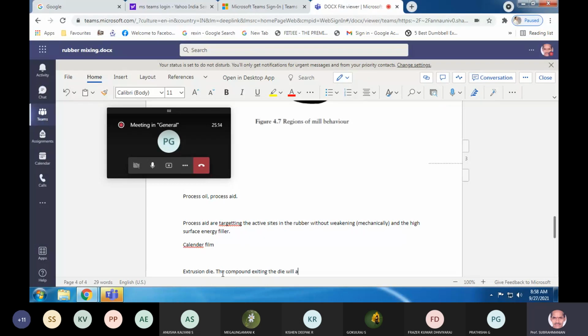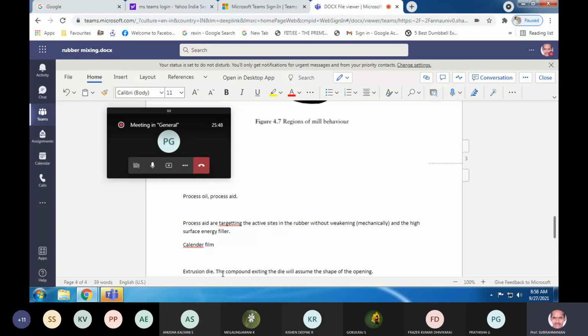will assume the shape of the opening, and the opening could be a cylindrical or an annular tube or a solid cross section. It can be any shape for that matter, but the shape should be that of the extrusion type.